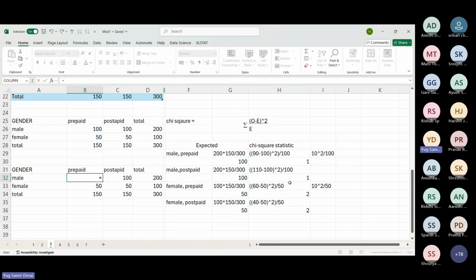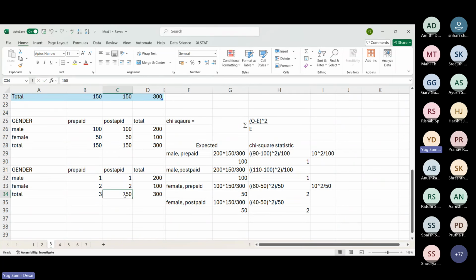So for male prepaid, our chi-square test statistic is 1, same as for postpaid. For females, it's 2 for the prepaid plan, and it's the same for the postpaid plan. Now here we sum the values of the total test statistic we got for the prepaid plan.